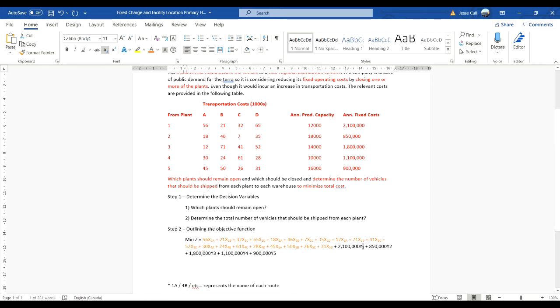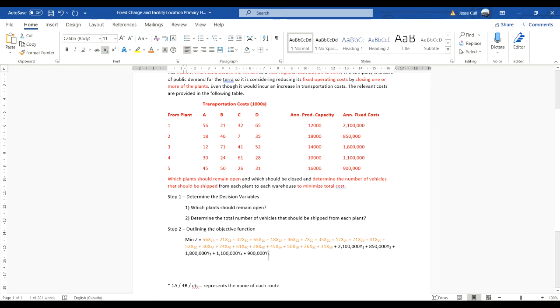is each of the 5 possible manufacturing plants. If they stay open, their fixed costs must remain as part of the overall total cost. If they do not remain open, then their fixed cost becomes 0.